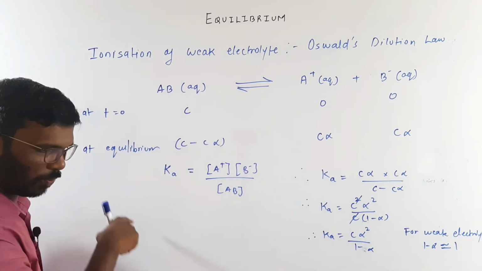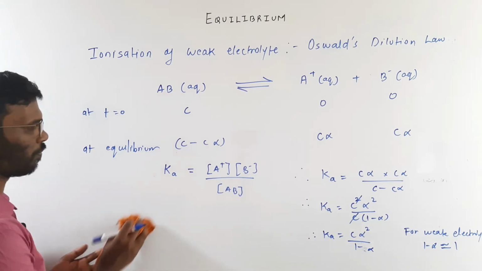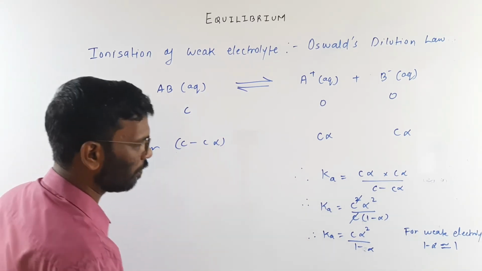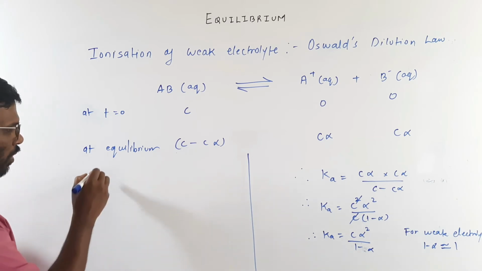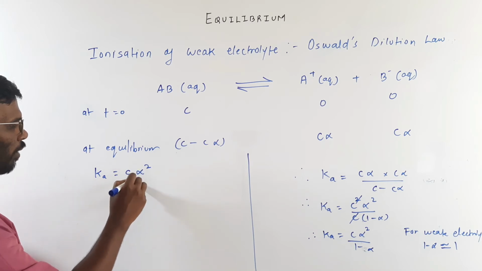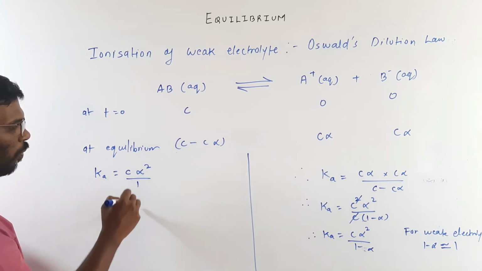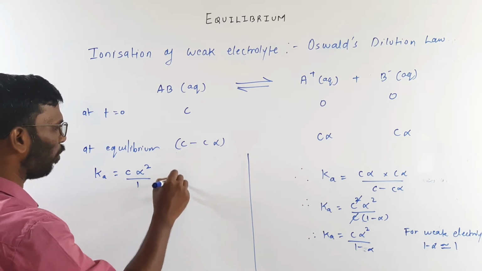Right? So I will substitute over here. Therefore Ka will be equal to C alpha square upon 1, because 1 minus alpha is approximately equal to 1.